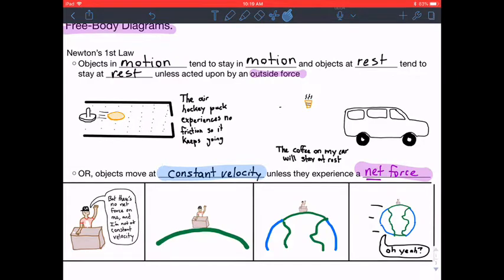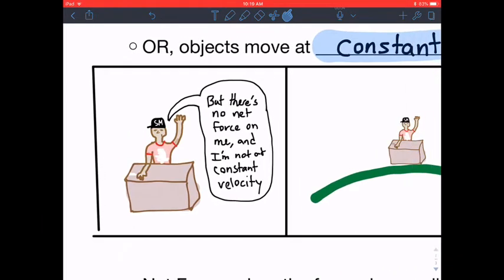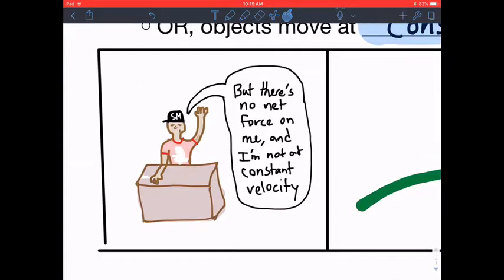Now you might say, and students often do, that, well, I'm sitting here in my desk and there's no force on me. So why am I not at constant velocity if that law is true?